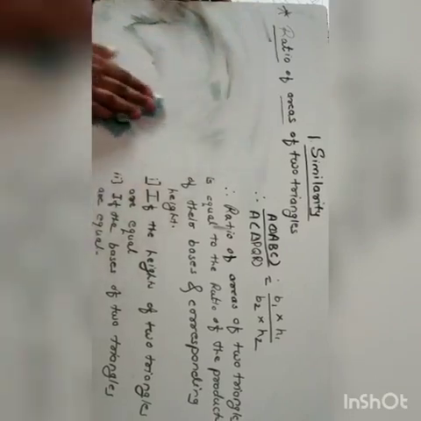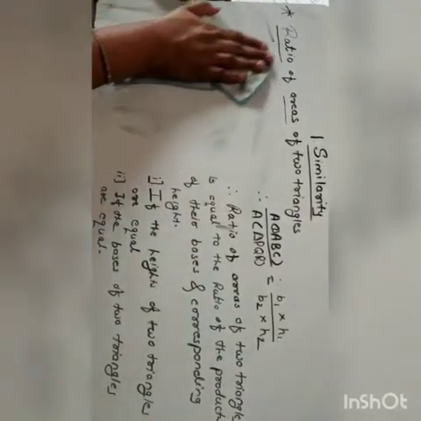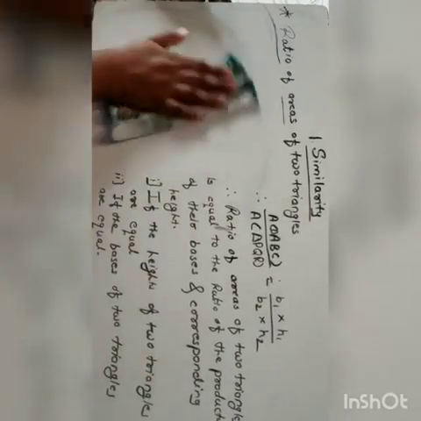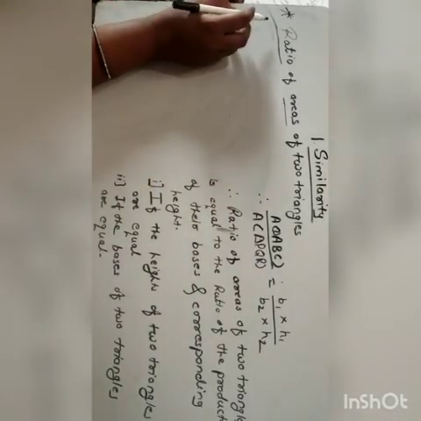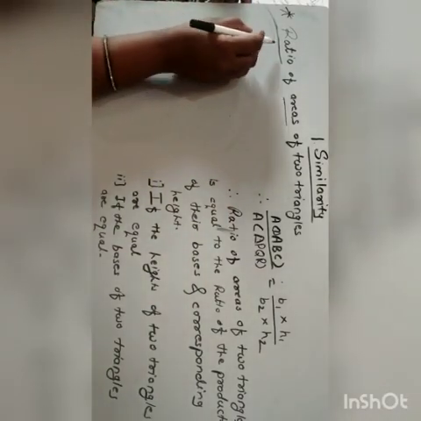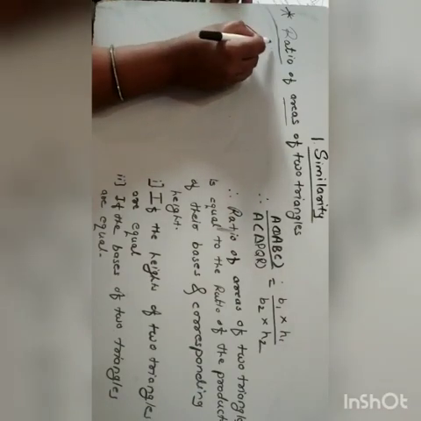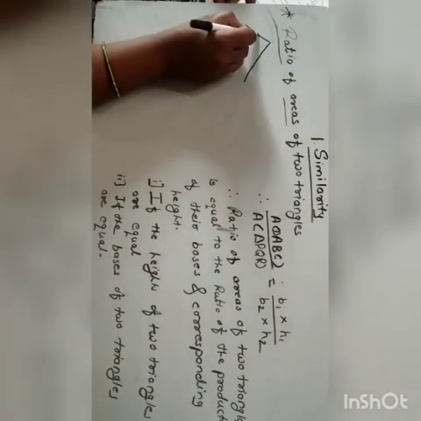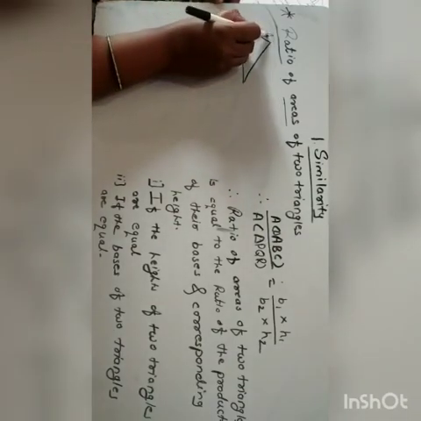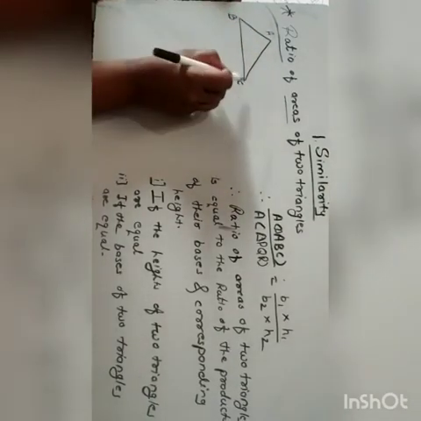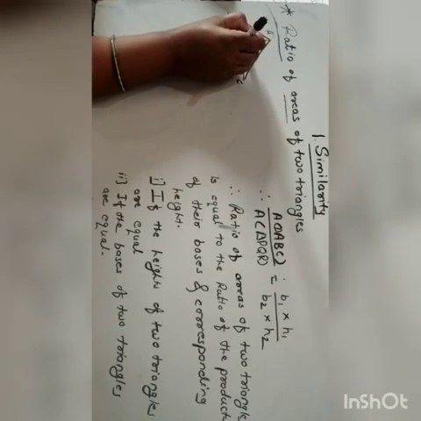For that we will consider two more triangles, triangle ABC and PQR. Suppose this is triangle ABC. In this triangle, BC is the base and AD is the height.